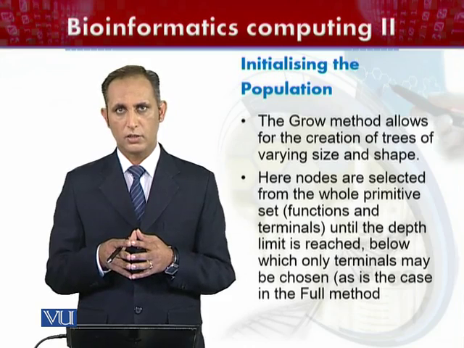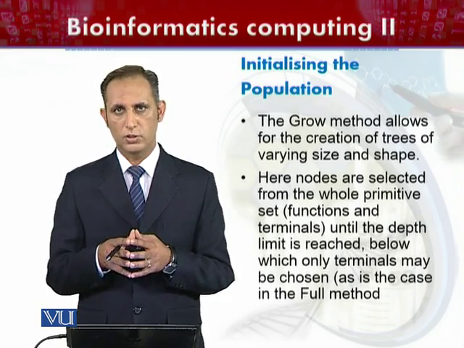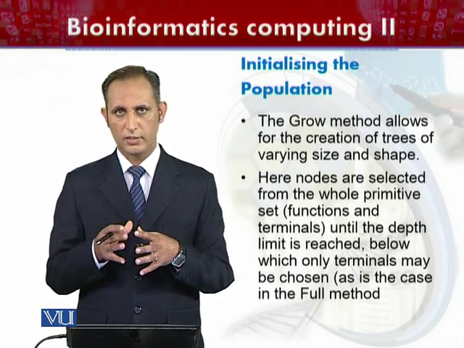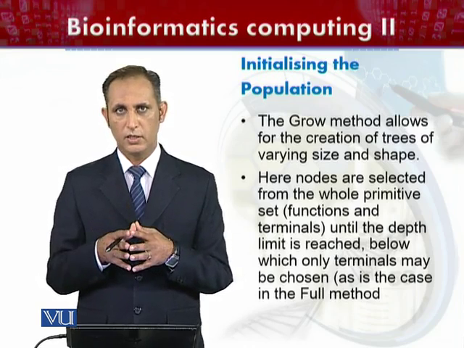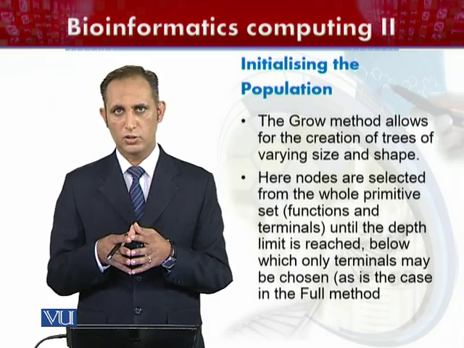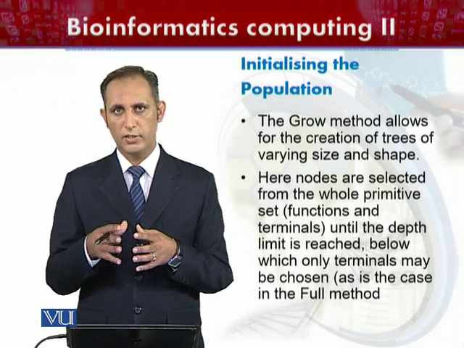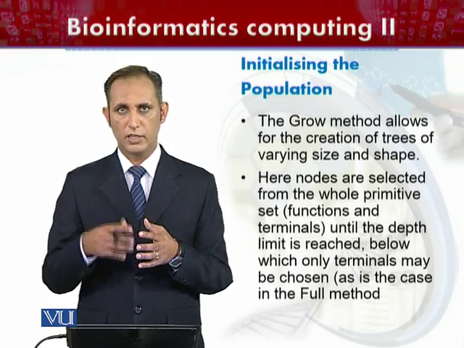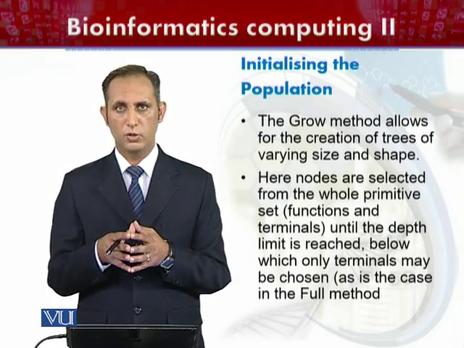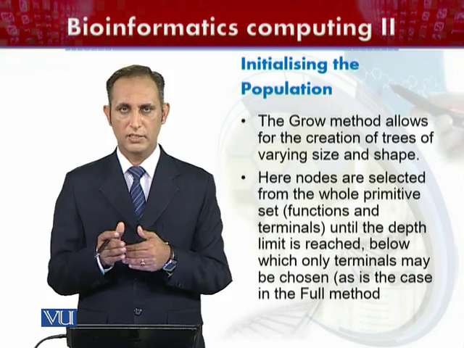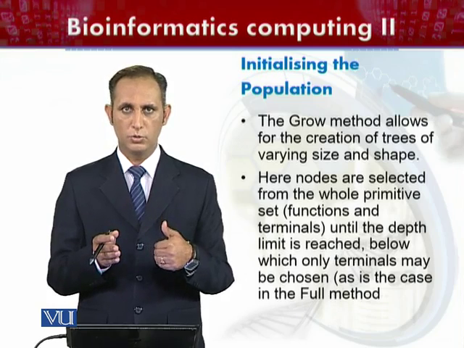In the grow method, nodes are selected from the whole set of functions and terminals until the maximum depth has been reached, and beyond that maximum only terminal nodes can be selected. This criterion is the same as that used by the full method.